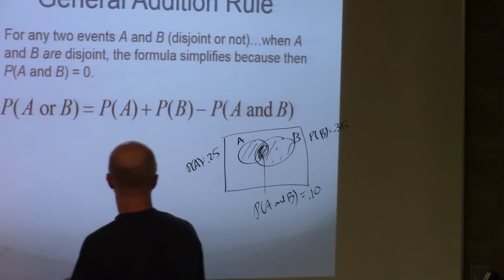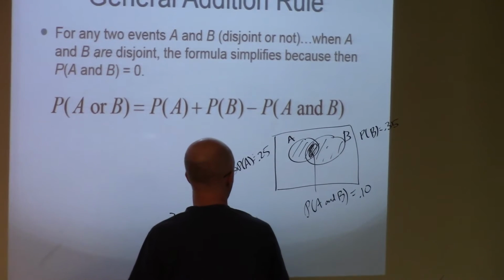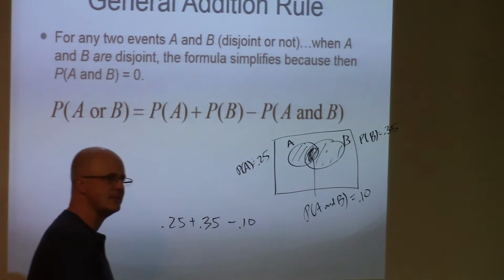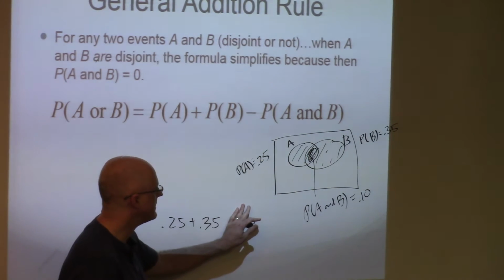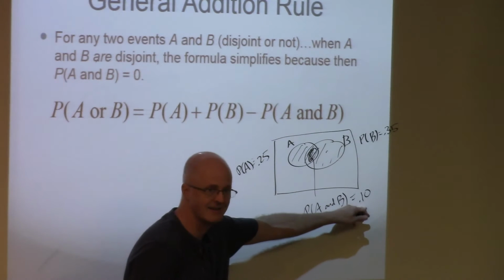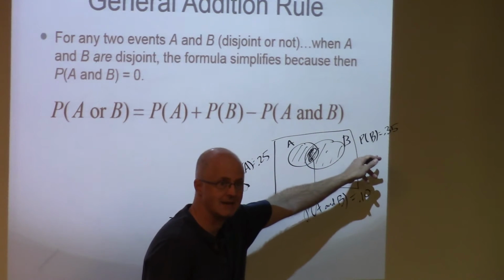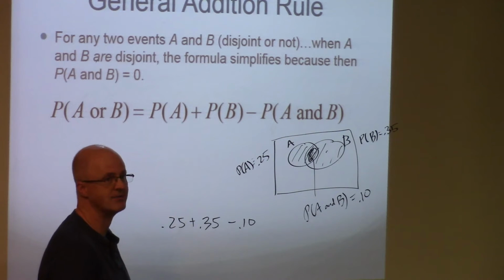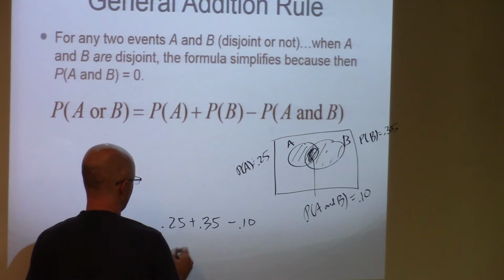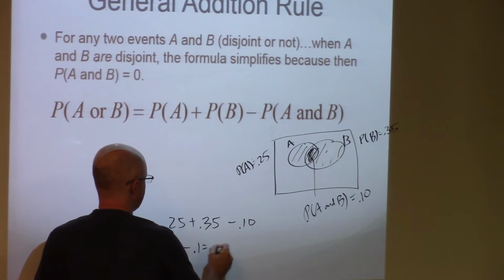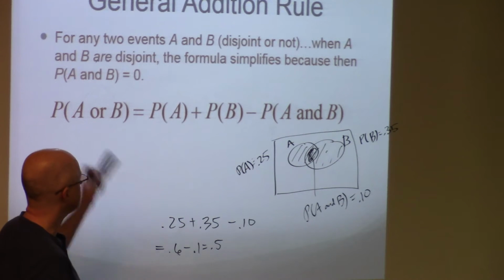You can add the first two, 0.25 plus 0.35, but then subtract off the last one. The reason being, if you just do 0.25 plus 0.35, you're double counting the 0.10 because it occurs in A and B. So you have to subtract it off to account for that double counting. 0.25 plus 0.35 is 0.6. The answer here would be 0.5 for the probability of A or B.